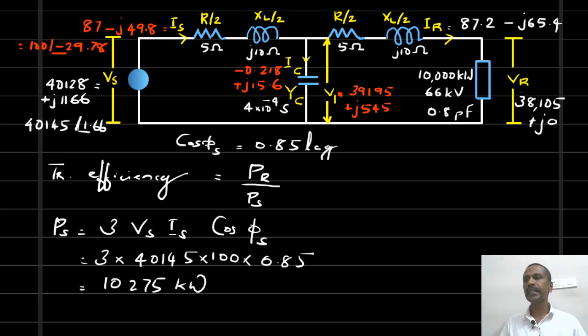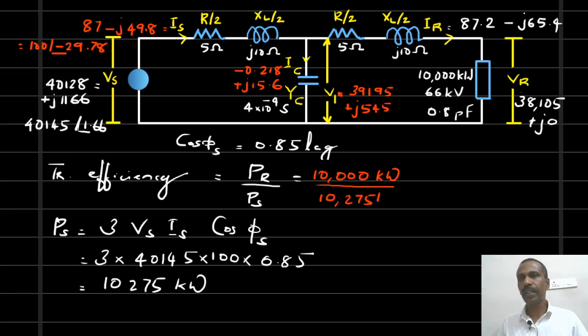This is the sending end power. So the transmission efficiency becomes, the receiving end power is same as the load power. It is 10,000 kilowatt divided by the sending end power, 10,275 kilowatt. The transmission efficiency is 97.32%.